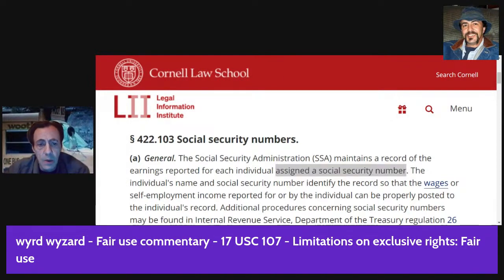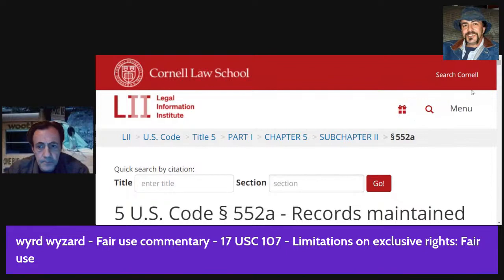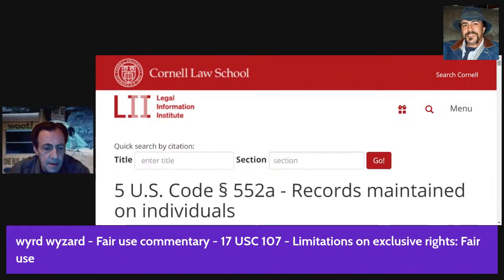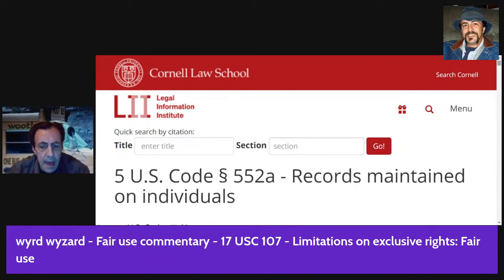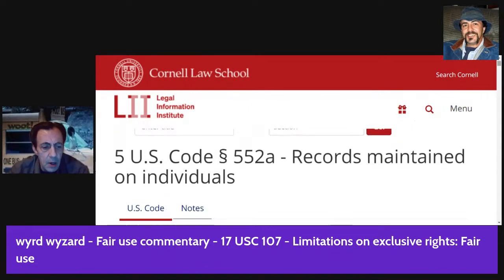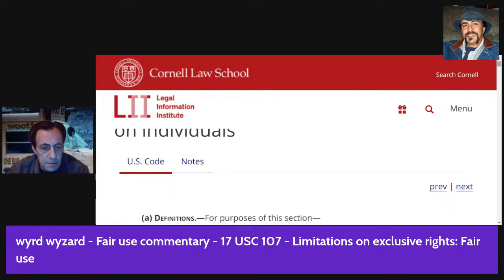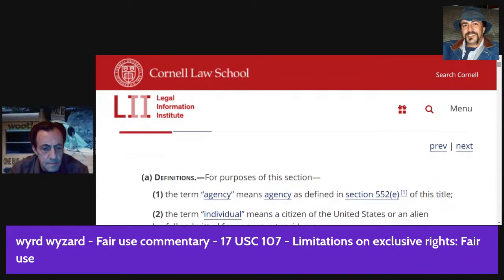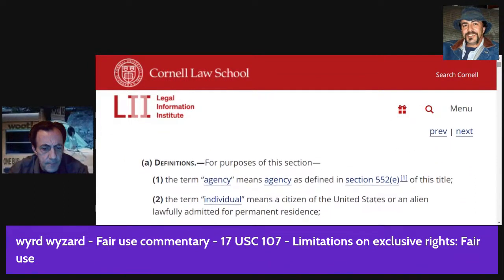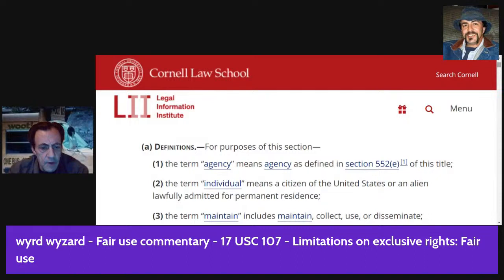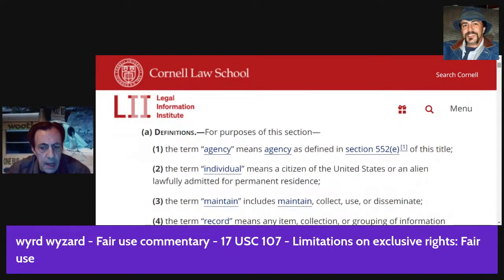The next one, as it relates to that individual, is 5 USC 552a, records maintained on individuals. The term individual means a citizen of the United States or an alien lawfully admitted for permanent residence.